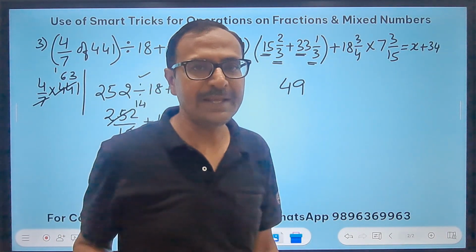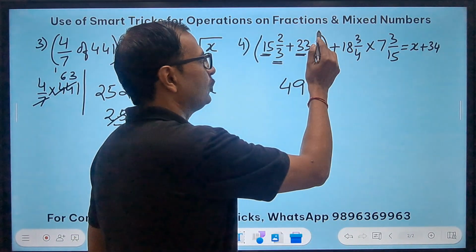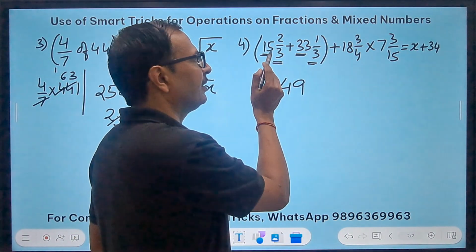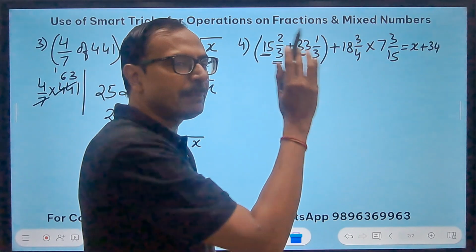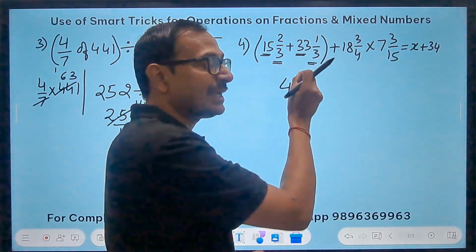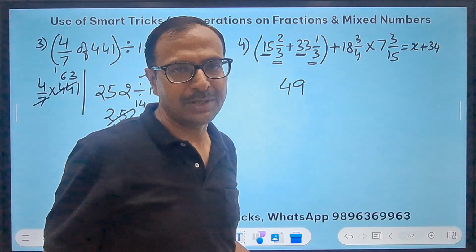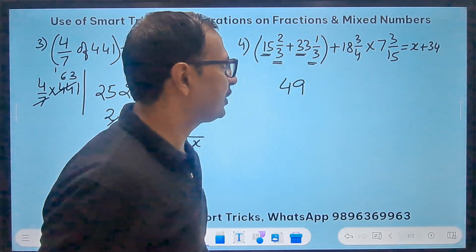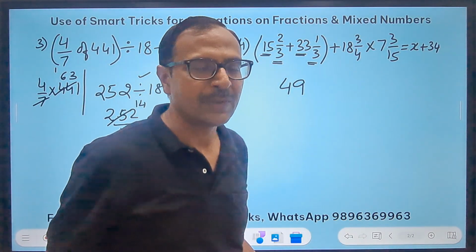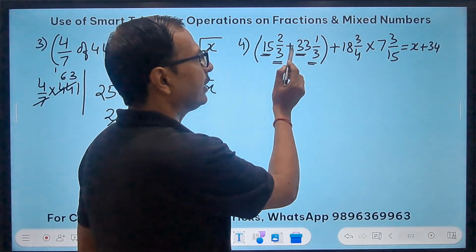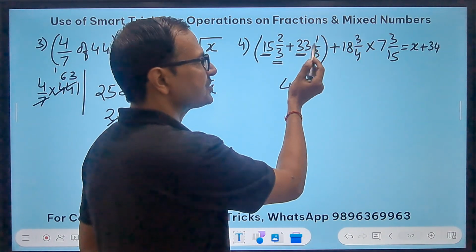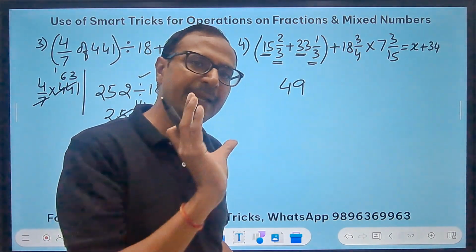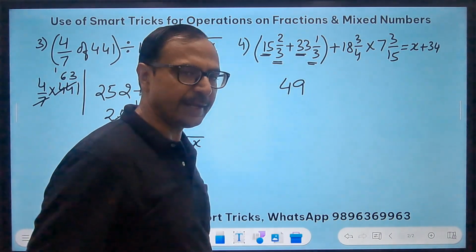You have to do that orally in mind, okay? Because if you take time in reducing this mixed number to an improper fraction and then adding by taking the LCM, it's going to consume ages. So you don't want that. You need to save time, and that is why you need to add the whole number parts first and then the fractional parts later on, and then add the two to get your result 49.